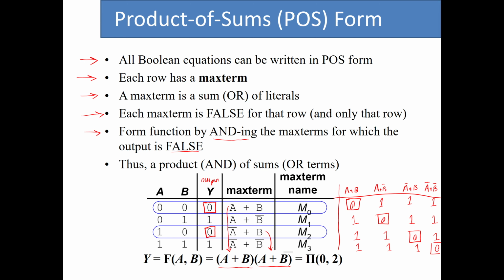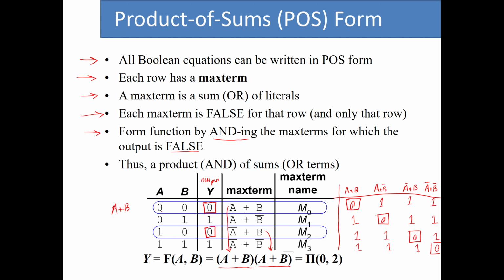Now, what is the shorthand way to create these max terms in order to not write them all down? For example, if you have a function that has 4 inputs, you don't want to write all the max terms for all the 16 rows that you have for the truth table. So the way to do it is like this. Anytime that you have a variable to be 0, for the associated max term, the variable itself appears.